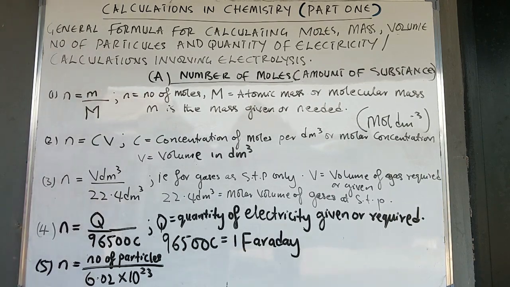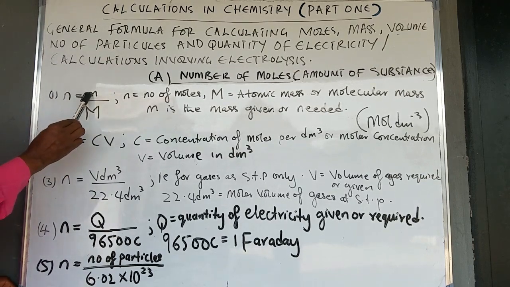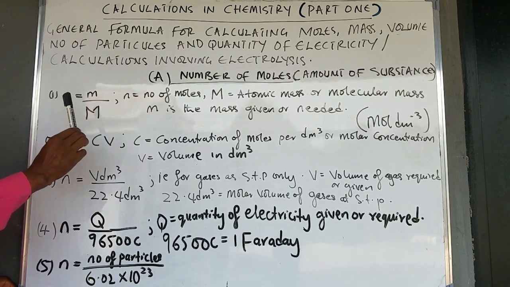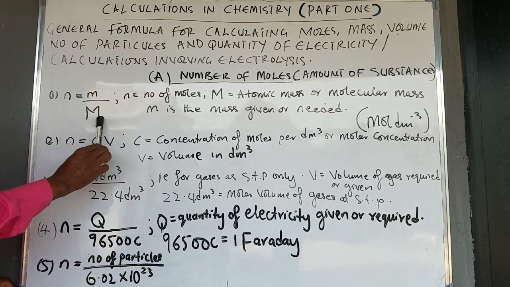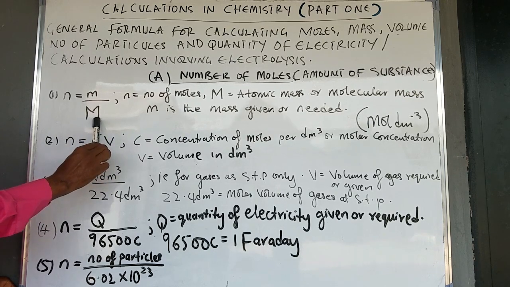Very interestingly, I want you to observe something here before we go further. Like I said, chemistry calculation is the easiest part of chemistry. Now, if you look at the number of moles, you observe that small m is on top, the one given is on top, but the standard, the atomic mass or the molecular mass, is acting as the denominator or the divisor. Can you see that very clearly? And in most cases, it is always given in exams.